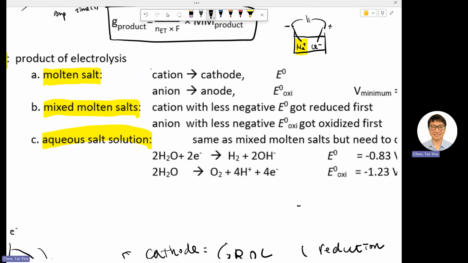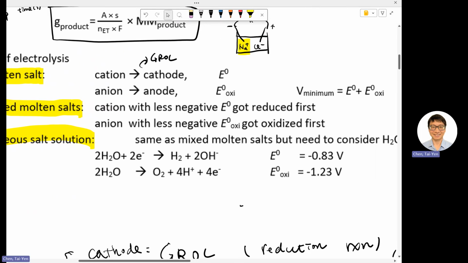The cation goes to the cathode, which means reduction. Therefore, the thing that matters is your reduction potential. And the anion goes to your anode, which means oxidation. Therefore, you will need to know the oxidation potential for the specific reaction.